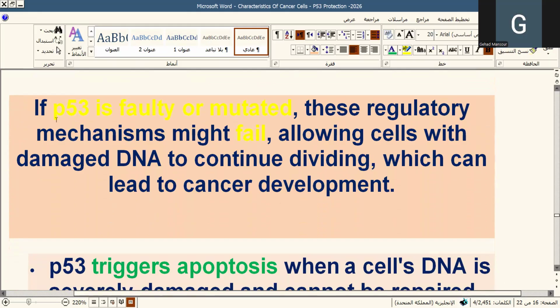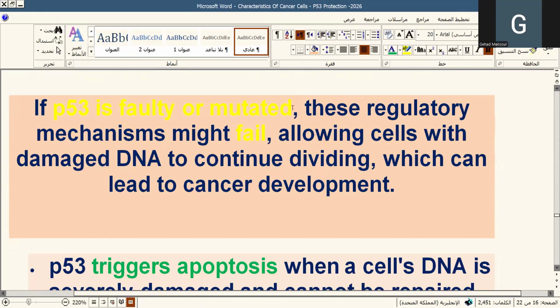Needless to say that if P53 itself is mutated, because in cancer cells, the problem is that we're not going to hire a normal P53 from another cell. P53 is present inside the cell and is a protein that is expressed by the genes of the cell. So if you have a cancer cell with mutated DNA, it would be extremely difficult for the P53 of that cell to be normal, because most of the time it will be as mutated as the rest of the genes in the cell.